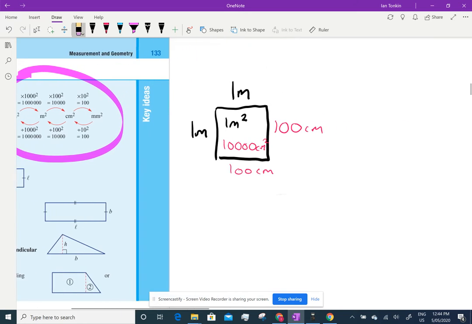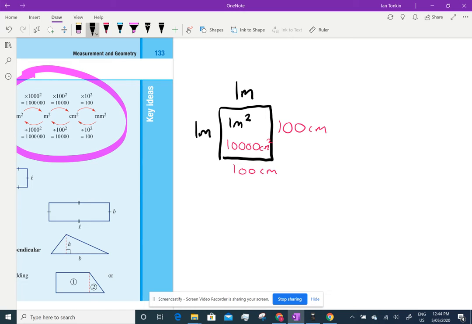The same if I was going to convert a centimetre, 1 centimetre, 1 centimetre. Well, that's 10 millimetres by 10 millimetres.